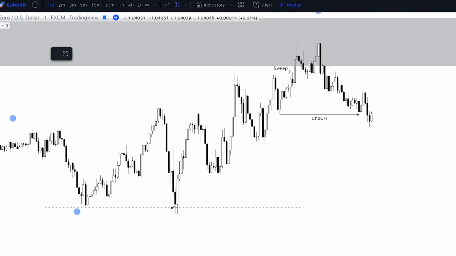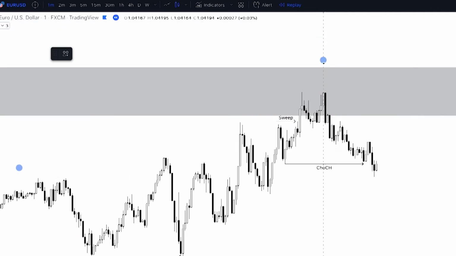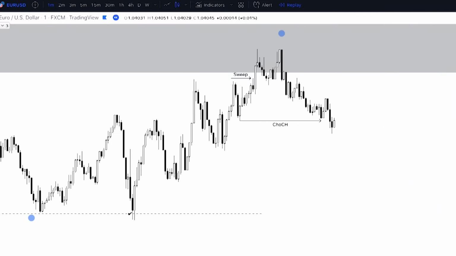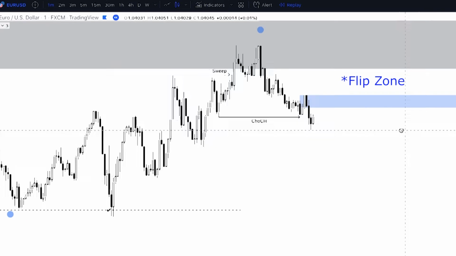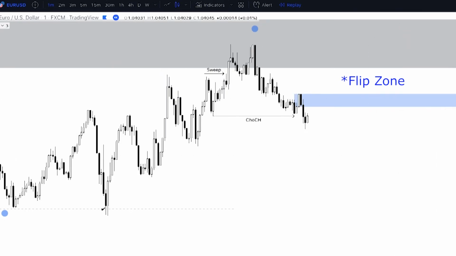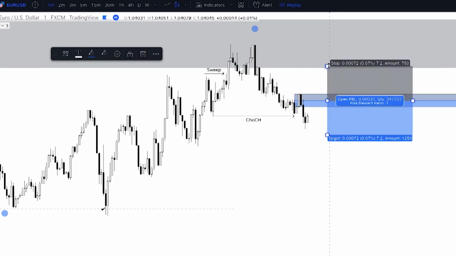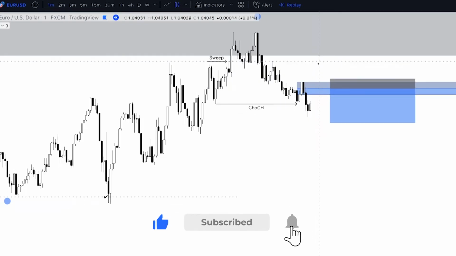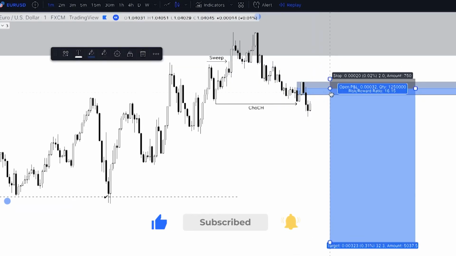Now what we will do, we are going to find our point of interest in the 1 minute time frame. So this is a good point of interest. Let's take the 50% to get a good risk to reward. Let's take a trade here, putting a stop loss above this area.